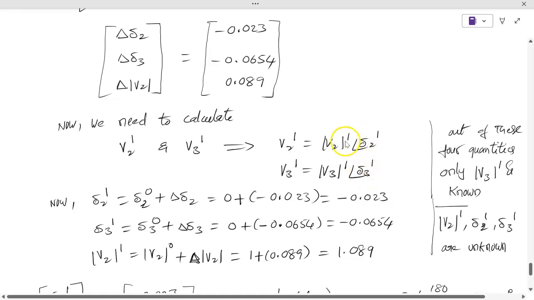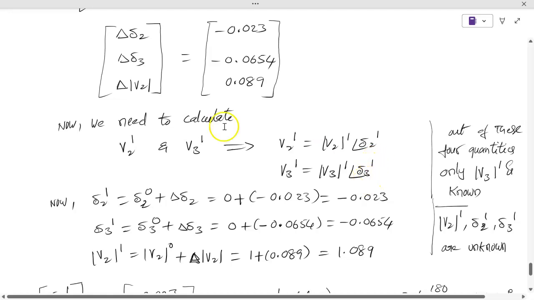But you have to calculate these values. V2^1 we have to calculate, del 2^1 we have to calculate, del 3^1 we need to calculate. After calculating these 3 values, just substitute here, then we will get the actual values of the second bus and third bus voltages with the angles and magnitudes. So now we need to calculate these 3 values, that is V2^1, del 2^1, del 3^1.